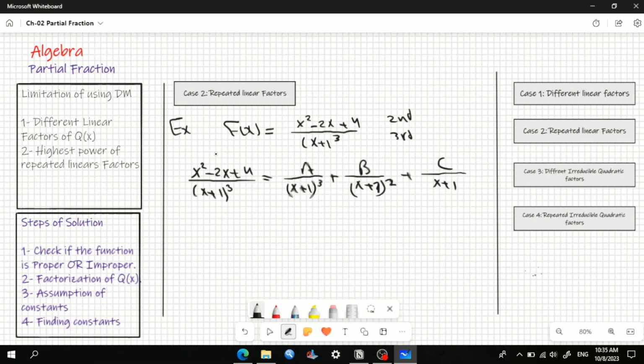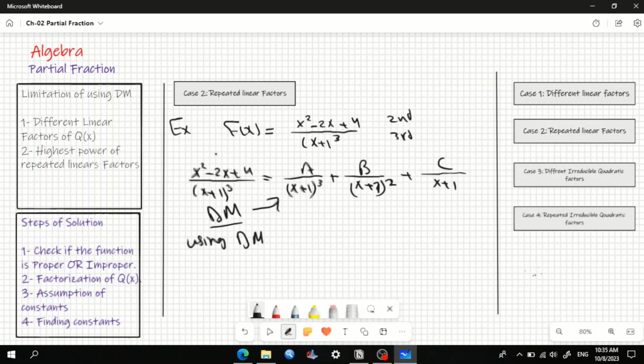Okay, so let's check if we can obtain any of these constants by the direct method. We don't have different linear factors here, we have repeated linear factors. So we can only obtain the constant a by the direct method, the one for the highest power of the repeated linear factor.